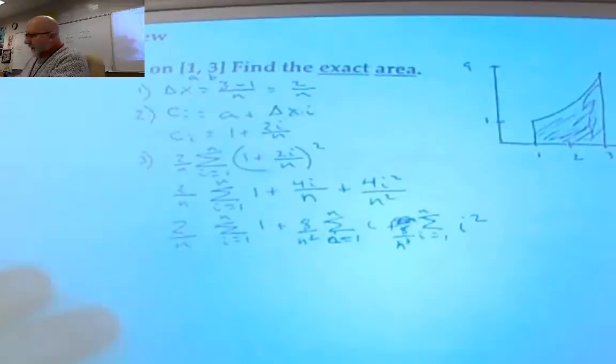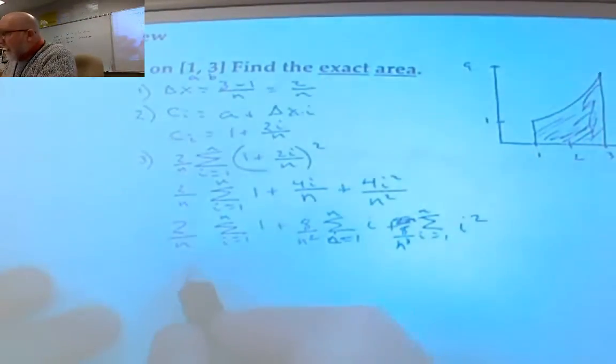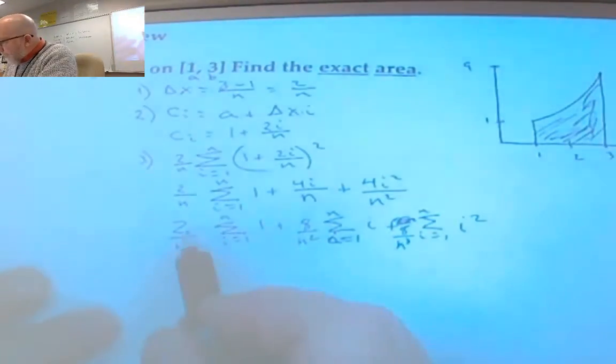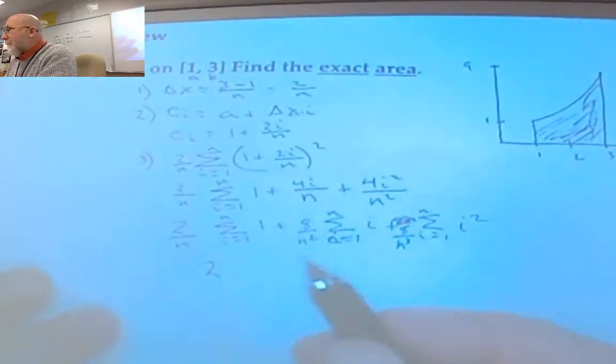Okay. All right. I'm not going to take the limit yet, but I'm going to get everything in terms of n, right, John? So I have 1, I'm adding 1 n number of times, correct? And then I'm multiplying it by 2 over n. What's that going to give me? 2. Nice number. Well, it's not as nice as 3, but it's like 55th on my list. Okay?